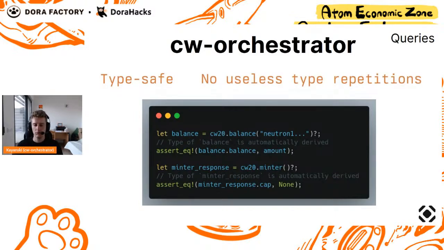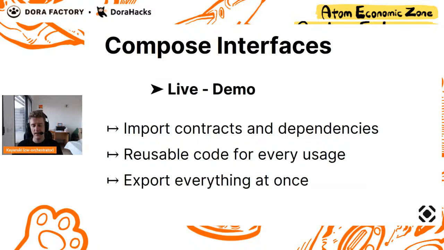And so with this, we'll jump into a little demo. So that's the next slide. We want to see how to work with Orchestrator and how in actual events it is useful and fast to code with it. So in this demo, very quickly, we will import some contracts and dependencies. So here a token, a fungible token.